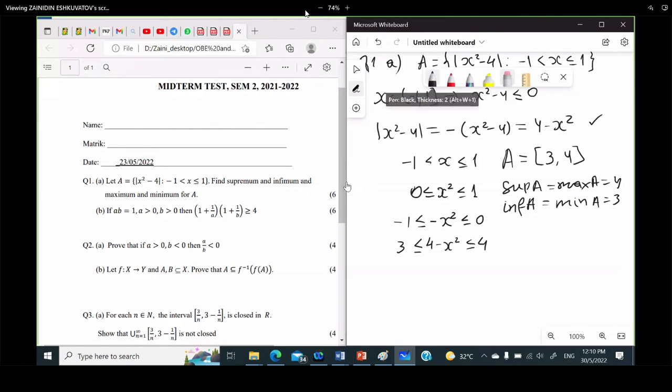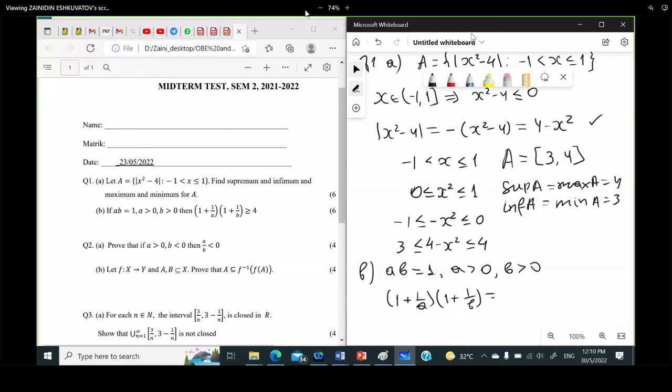What about B? For the B, most of the students make mistake. Yeah, this one actually, many students try to solve properly actually, but still some of them not good. Okay, what we can do here, we just take these expressions 1 plus 1 over A, 1 plus 1 over B, and open up.